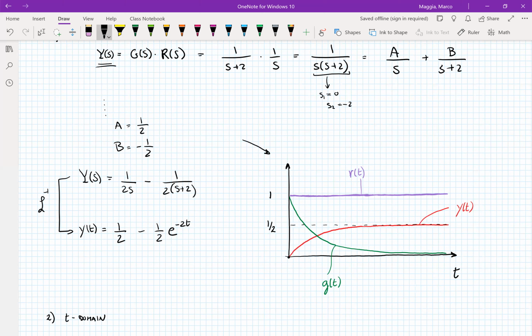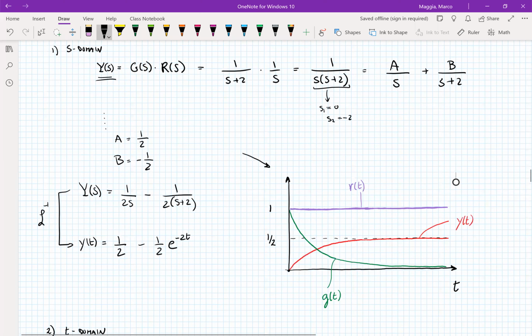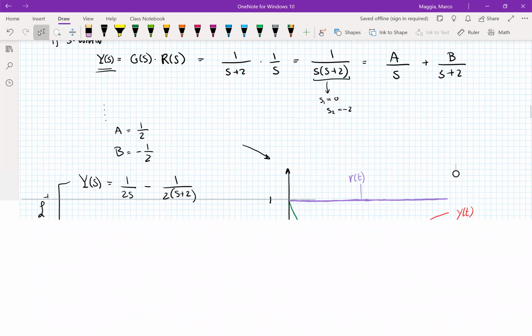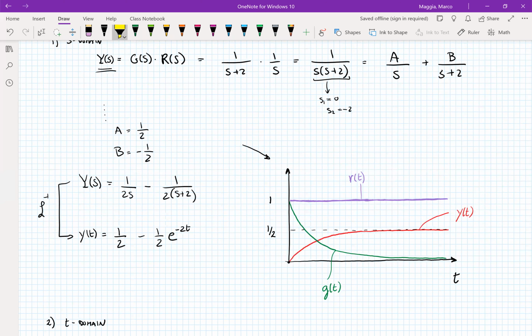Now here to the right, I've plotted the 3 functions that are the input, the transfer function, and the output. The input is just a constant equal to 1, so it just remains constant as time goes by.